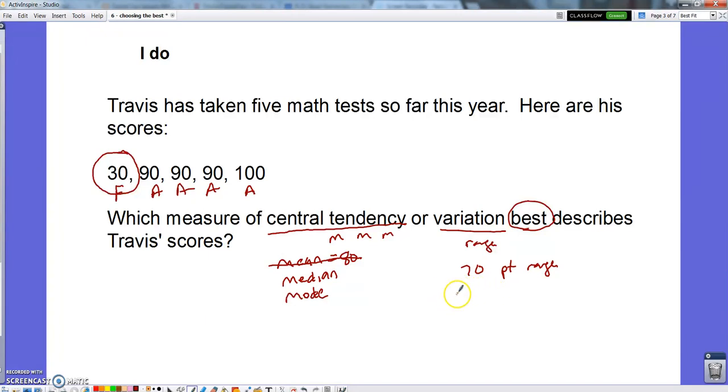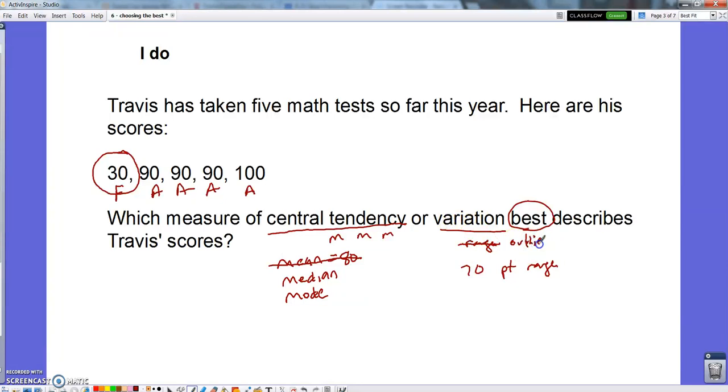He's all over the place, but he's really not all over the place. Really, it's just because of that 30 that it seems like he's all over the place and his range gets big. But really, you would look at this and say, well, almost all his scores are within a little tight 10-point zone. So same thing, when you see an outlier, just cross the range out.